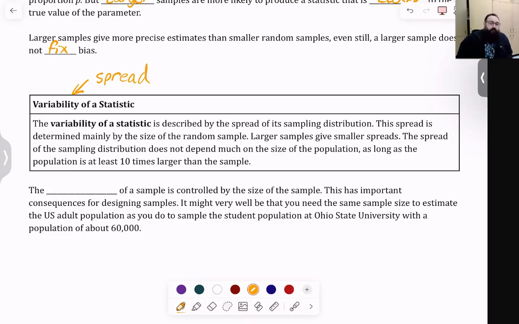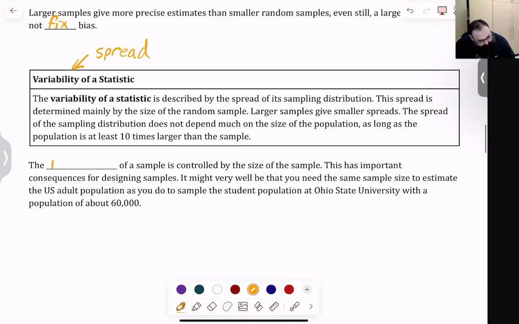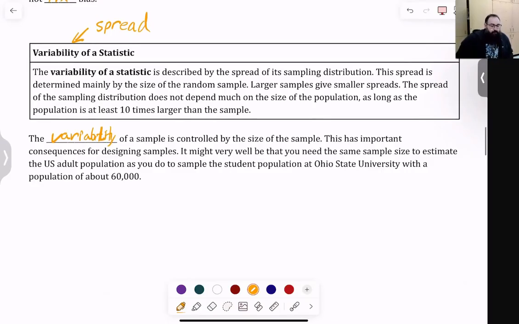The variability of the sample is controlled by the size of the sample. This has important consequences for designing samples. So it might very well be that you need to take the same sample size to estimate the U.S. adult population as you would to sample a student population at Ohio State University with a population of 60,000. It all depends on the situation.